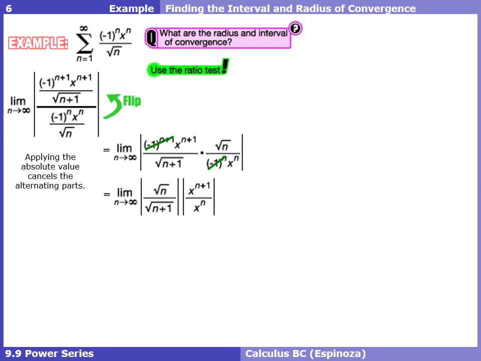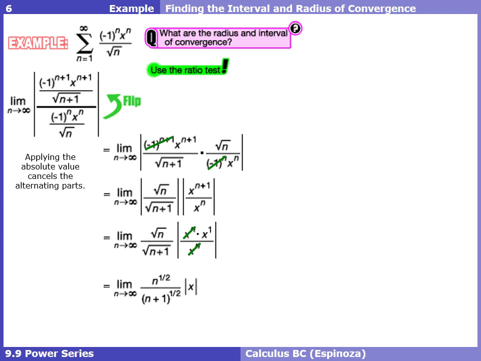Again, like you saw in the last slide, I'm going to go ahead and split off the n fraction together with the x fraction together. After that, we can, of course, in the x fraction, split up the power. And of course, because of that, cancel the x to the n power. After that, we're left with the absolute value of x, and then I'm going to go ahead and change those square roots over to powers.